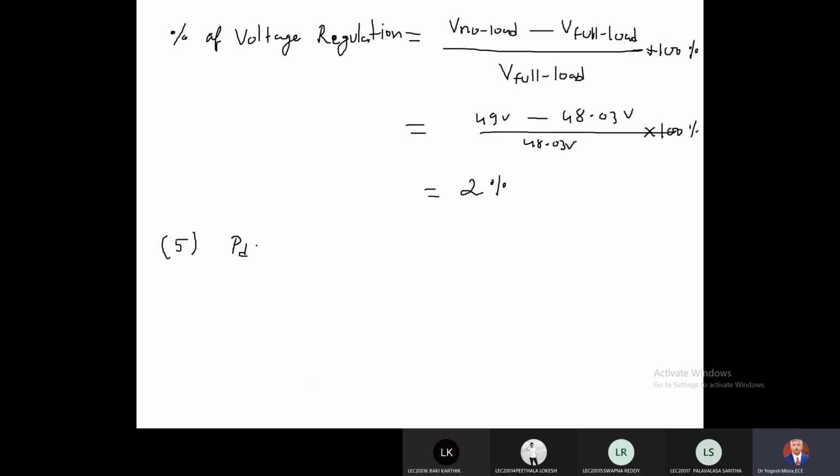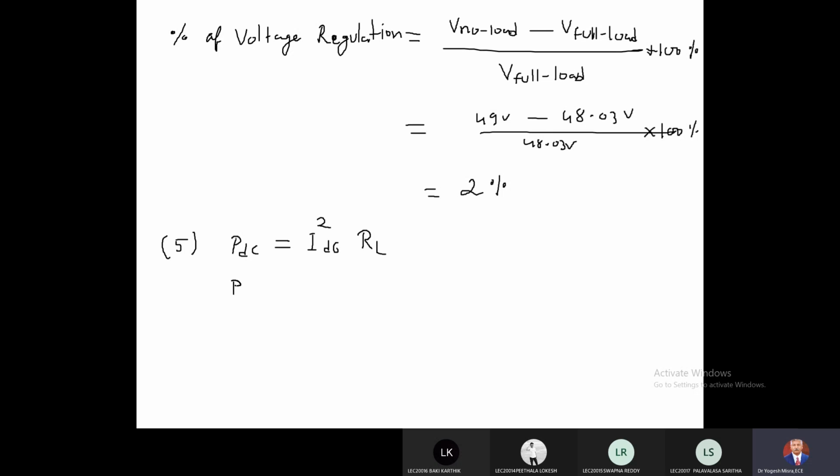So I will show you this. PDC, the DC output power, is IDC square into RL, right?